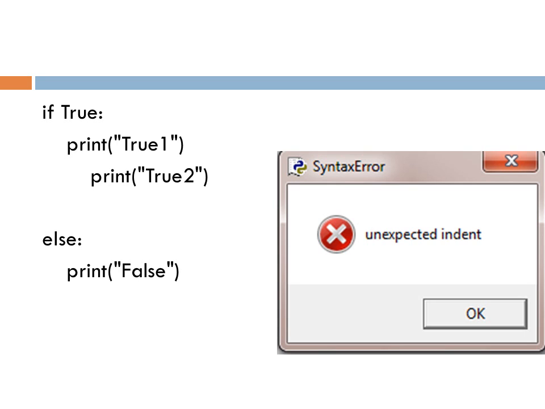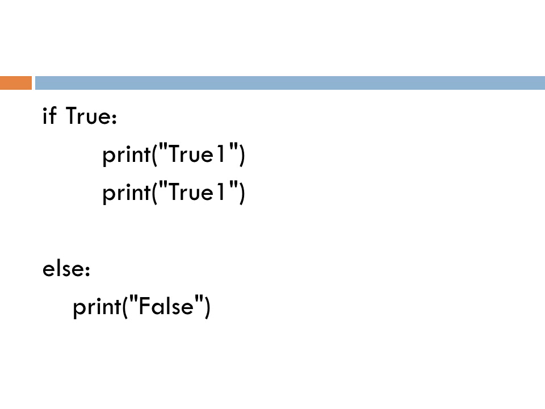Here in this example also there is some problem. So print true 1, print true 2, those are related to the if statement. So these statements are related to the if, so those two statements should have the same indentation, otherwise the system will not consider those two statements. Next, the else statement will not create any problem, it is correct.